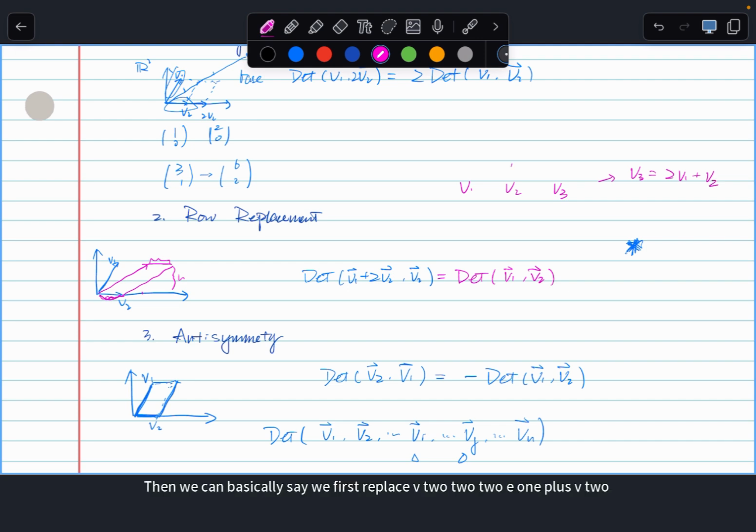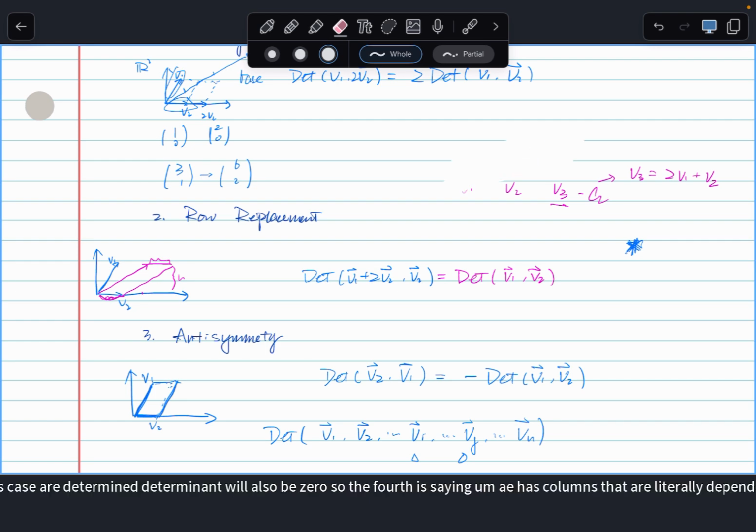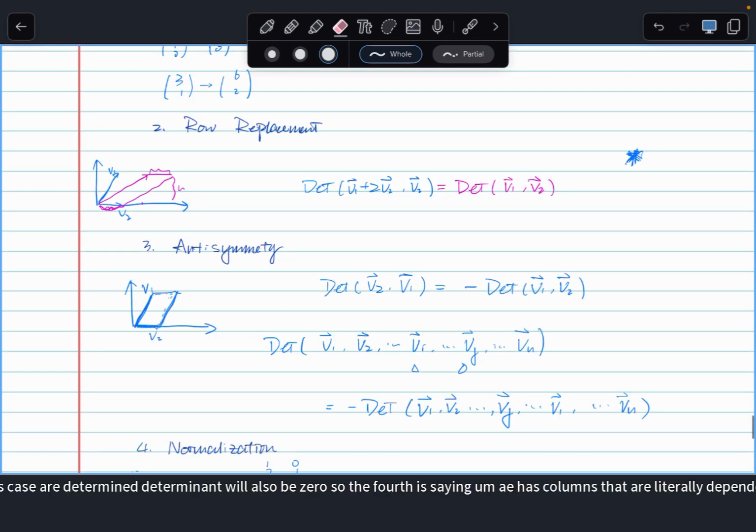Then we can first replace v2 with 2v1 plus v2, and then use v3 to subtract the new second column. Then we will also have a column of zeros, and in this case our determinant will also be 0.